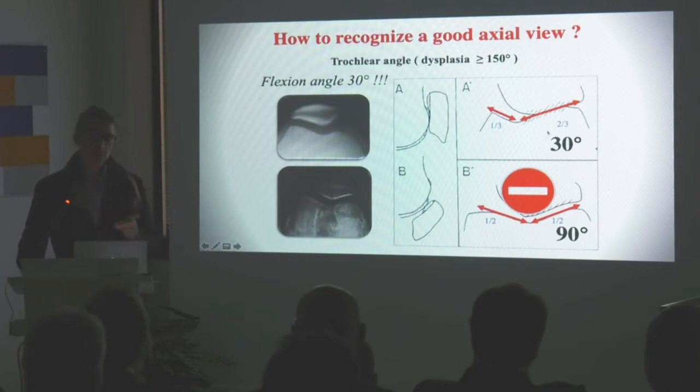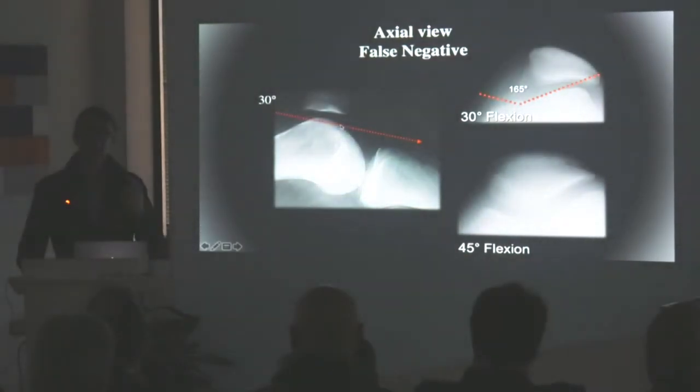This is a good axial view at 30 degrees flexion. And it's very important, because if you are at 30 degrees flexion, you will see the upper part of your trochlea. So you will see the trochlear dysplasia. You will see maybe the subluxation like that.